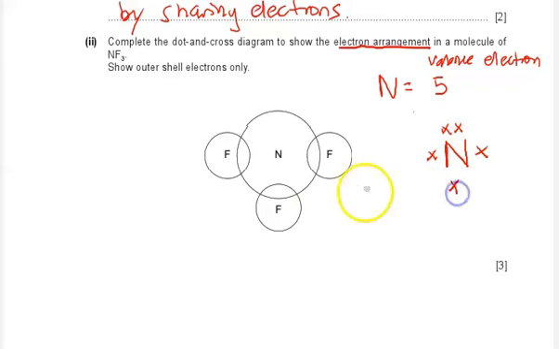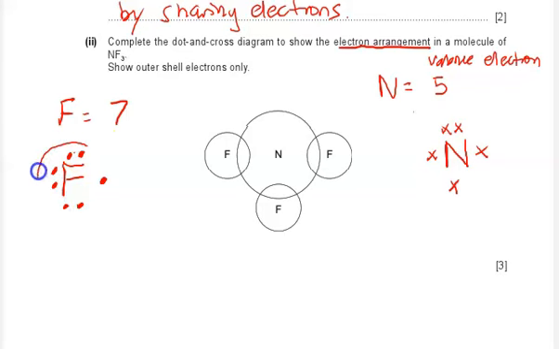Okay, and then if you look at fluorine, fluorine has 7 valence electrons. I use dots for fluorine, so you have 7 dots there. Let me change the color.